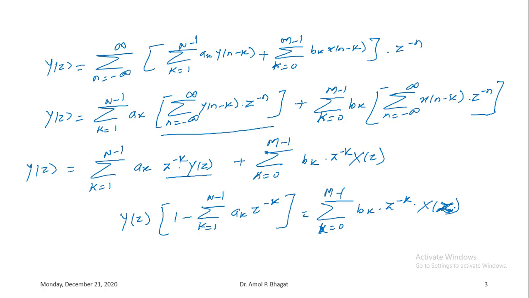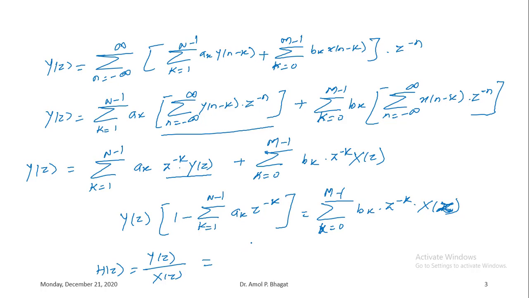So we know that the system function H of z is nothing but Y of z upon X of z. Okay, this is nothing but your system function H of z. So I can simply write this equation as Y of z upon X of z: this X of z will be sent on left hand side, this term we can send on right hand side.